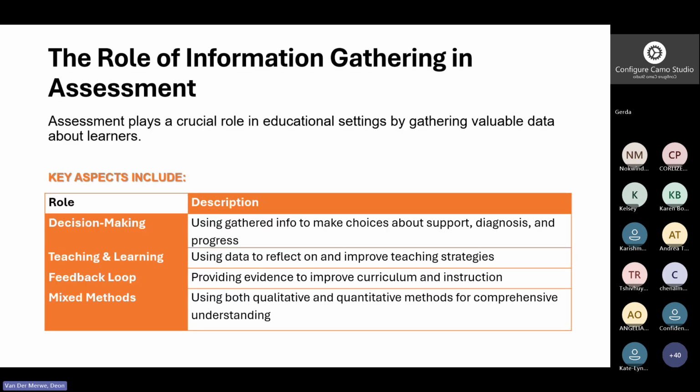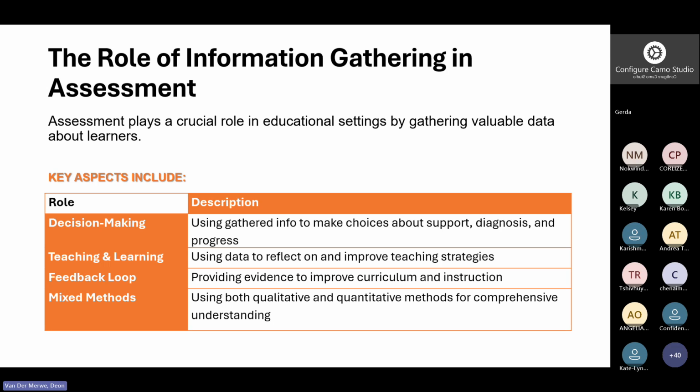When it comes to assessment, it is important to recognize that gathering information is a critical part of the entire process. It's not just about assessing a learner's knowledge, but using that data to improve the overall educational experience of your case child.